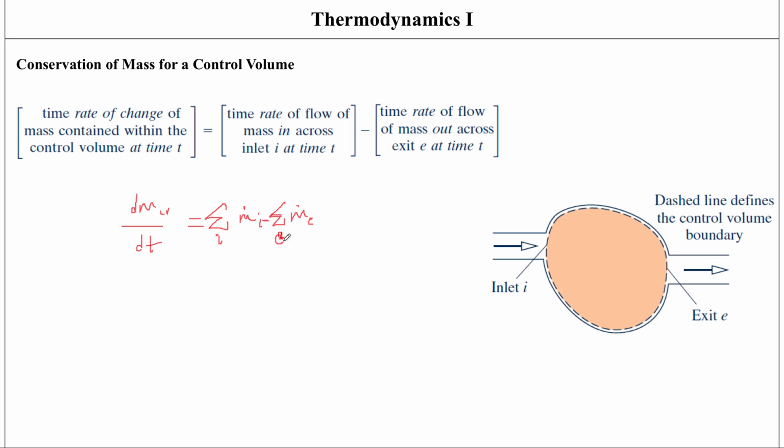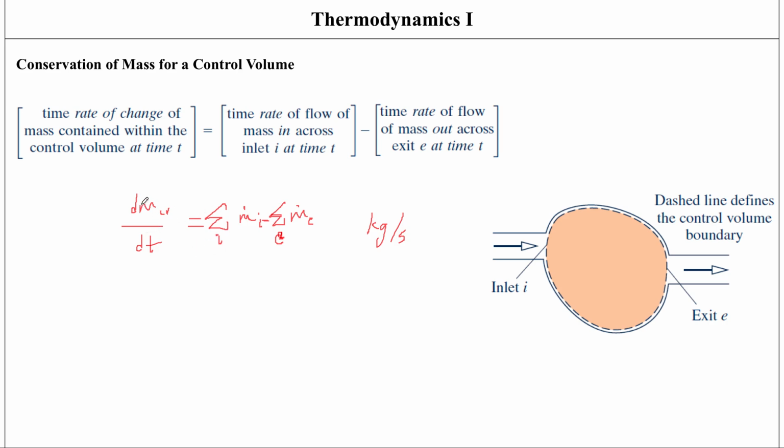So I would sum up mass flow rates across all inlets minus mass flow rates across all exits. And the quantities here, mi dot, me dot, denote time rates of transfer. In SI units, mass flow rate is in kilograms per second. So basically m dot is in kilograms per second.